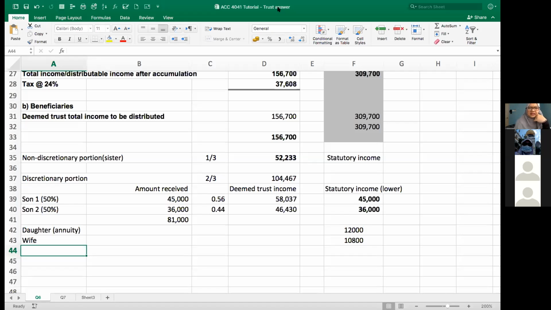Is that your statutory income? No. Okay, before we go into statutory income, what's your adjusted business income? Adjusted income from the business.